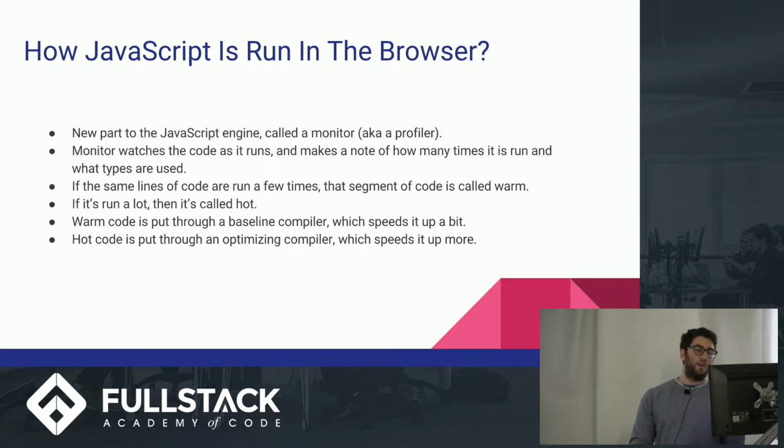So they ripped a page out of the compiled languages book and started doing something called just-in-time compilation, which is supposed to be the best of both worlds. I go into a little bit here on what's actually going on. For certain code that's being run multiple times, the browser is able to figure that out and is not going to always compile that code.